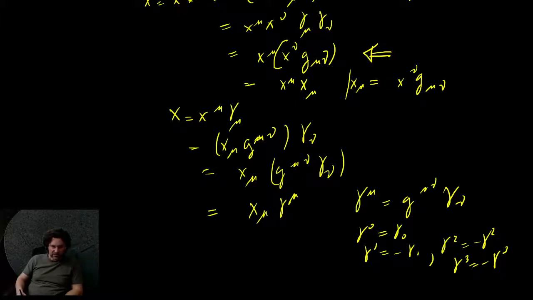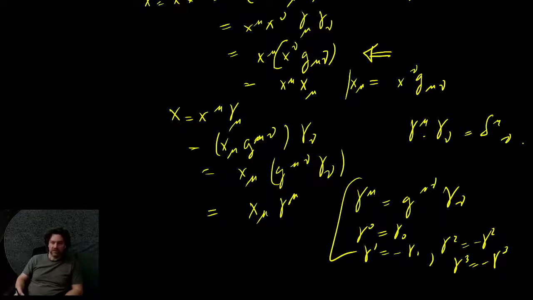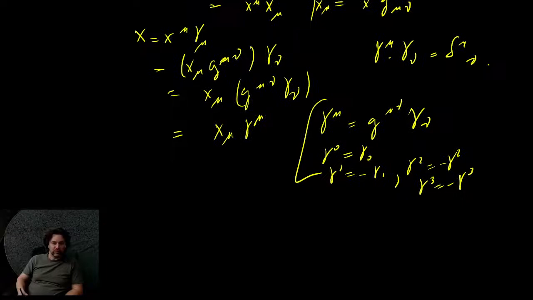We can summarize these relationships as gamma mu dot gamma upper nu is delta mu nu. So here's an ad hoc way of going between the geometric algebra and tensor forms of a position in upper or lower indices. In tensor algebra you would call this the contravariant index when it's upper and the covariant index when it's lower.